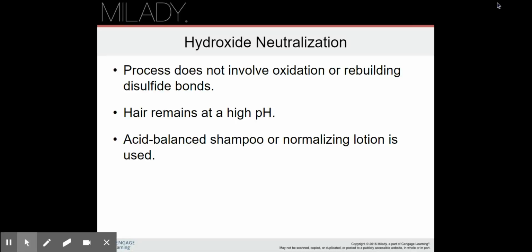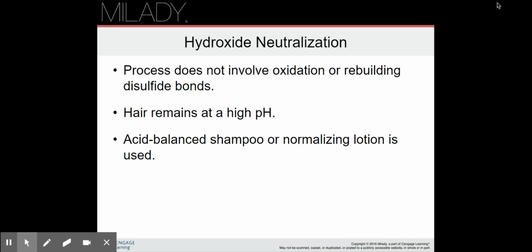Like we said, it does not involve oxidation or rebuilding disulfide bonds. The pH of the hydroxide relaxer is so high that the hair remains at an extremely high pH even after thoroughly rinsing. Although rinsing is important, rinsing alone does not neutralize or deactivate the relaxer, nor does it restore the normal acid pH of the hair and scalp.